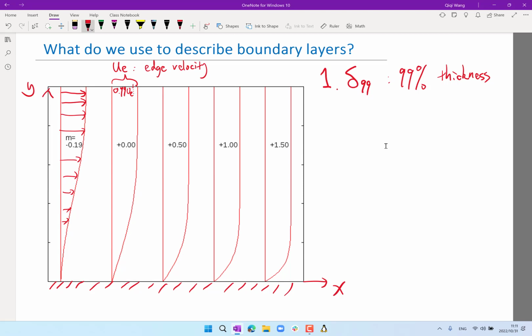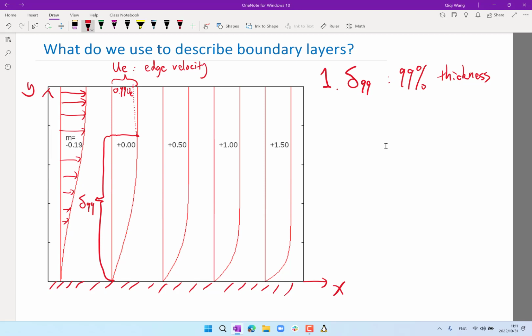Then I draw a dashed line down, and wherever it intersects with the velocity profile, that height is delta 99, the 99% boundary layer thickness.